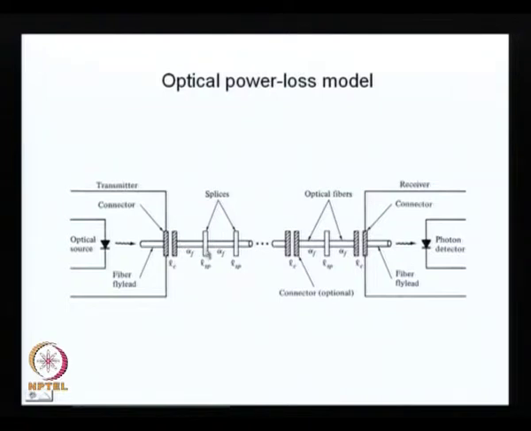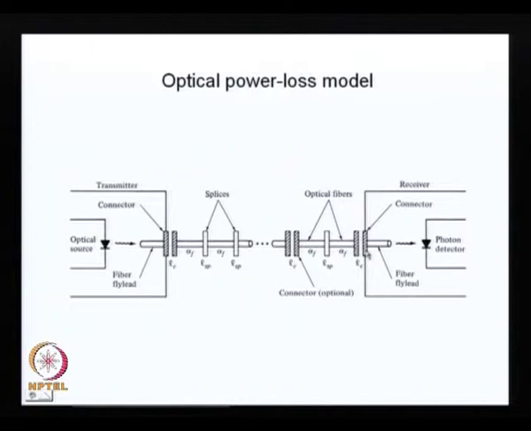These are the sections of optical fiber which are joined in the form of splices, and then you go on doing it. There may be certain test points where you have to put connectors so that the fiber can be connected or disconnected for measurement purposes.